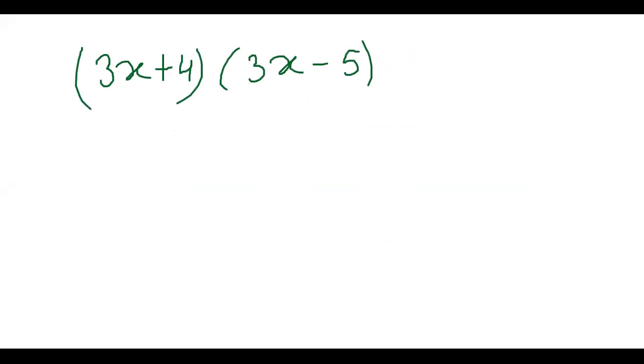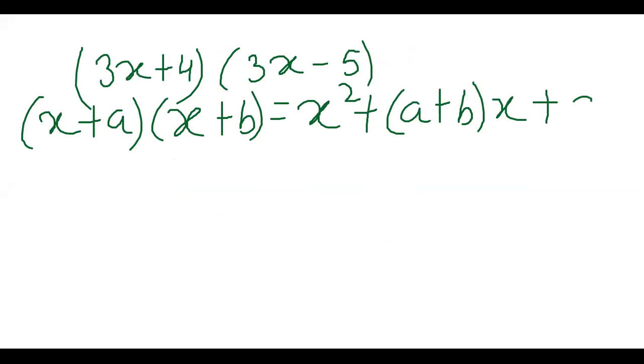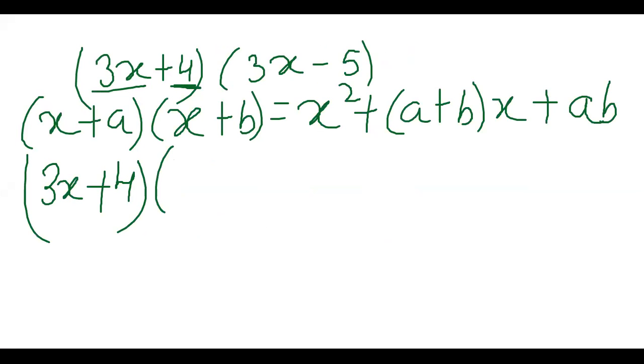So here we use the same identity, (x plus a) into (x plus b) is equal to x square plus (a plus b) x plus ab. At the place of x, we'll put here 3x, at the place of a, we'll put here 4, and at the place of b, we'll put here minus 5.